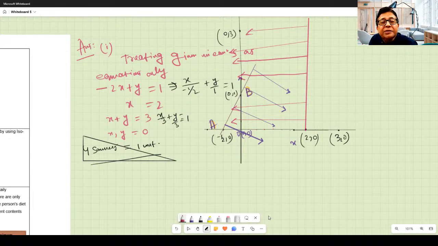And the next one, when you plot x by 3 plus y by 3 equal to 1, name this line. This is x equal to 2. And this one you just increase it in this manner. Okay? And join these two also.